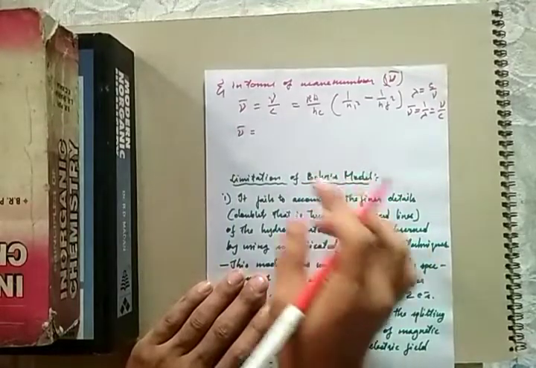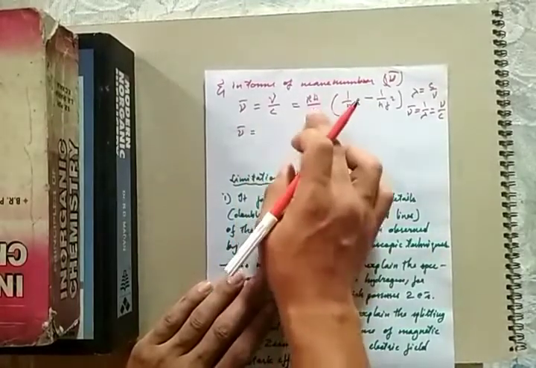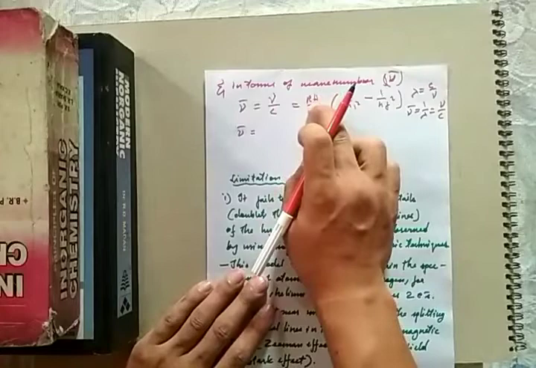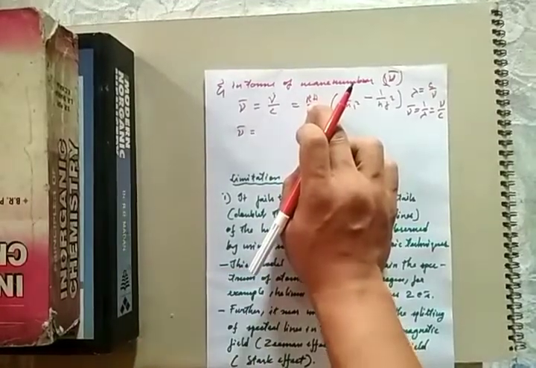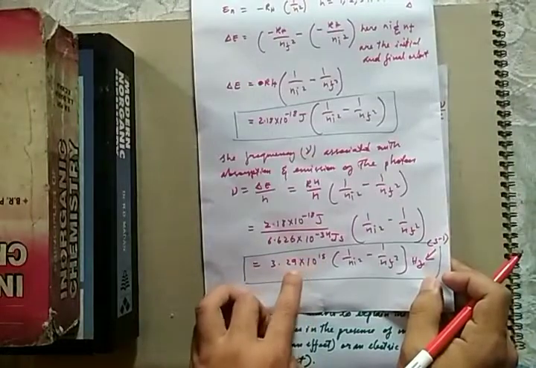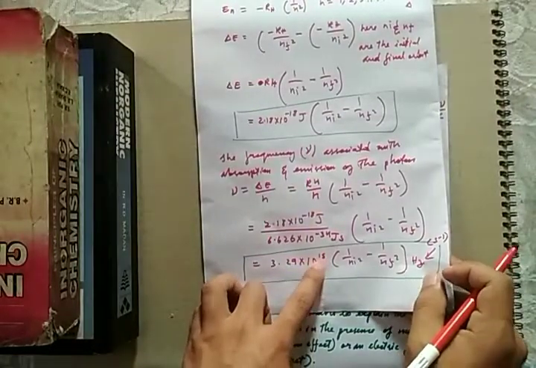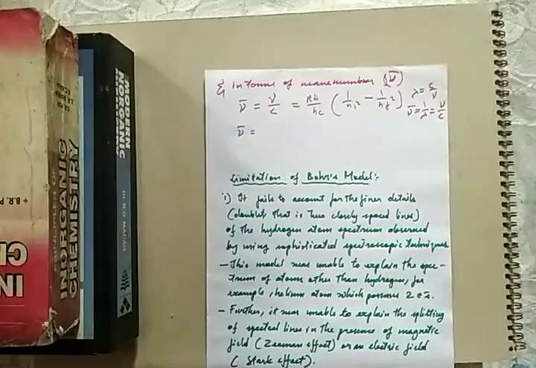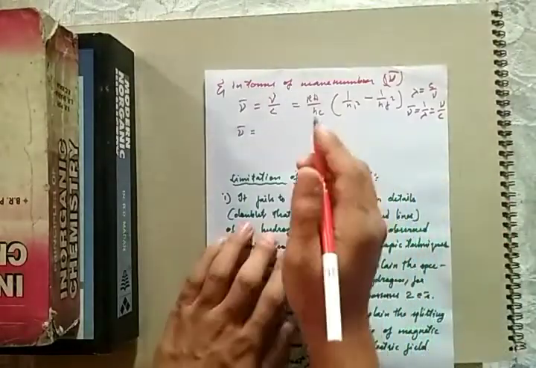After putting the values, the RH value we got as 3.29 into 10 to the power 15, we'll put this value and divide by the speed of light.